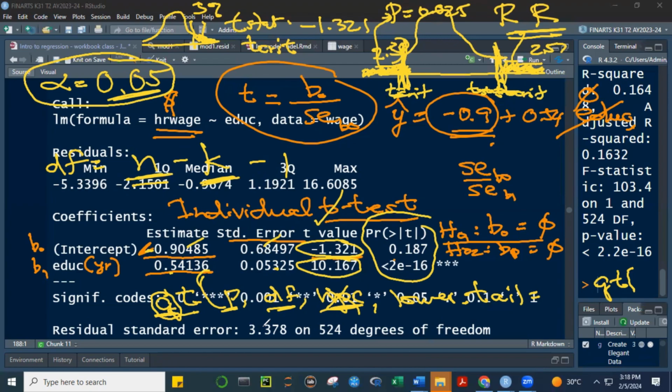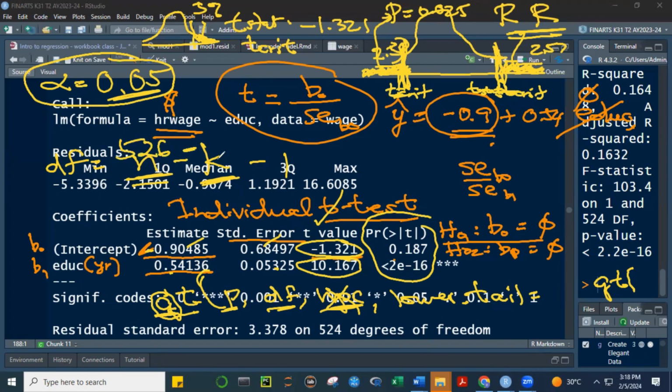Balik kayo dito sa wage. Ilang rows, class? Sinagot na rin natin kanina yan. Yes, 526. Thank you, Gab. So, ang N natin, 526.